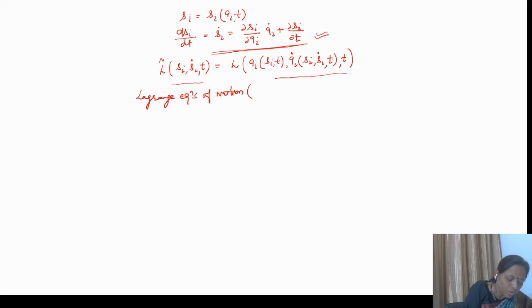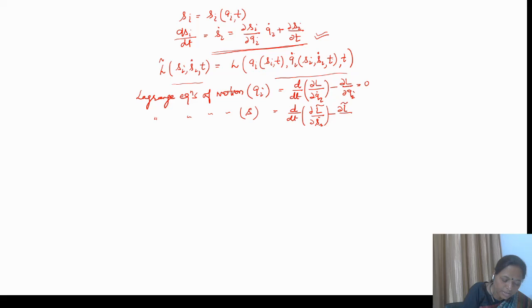For qi, d dt of delta L delta qi dot minus delta L delta qi is 0. And the Lagrange equation of motion in si is d dt of delta L tilde delta si dot minus delta L tilde delta si is equal to 0. These will be conserved. Both will be the same.